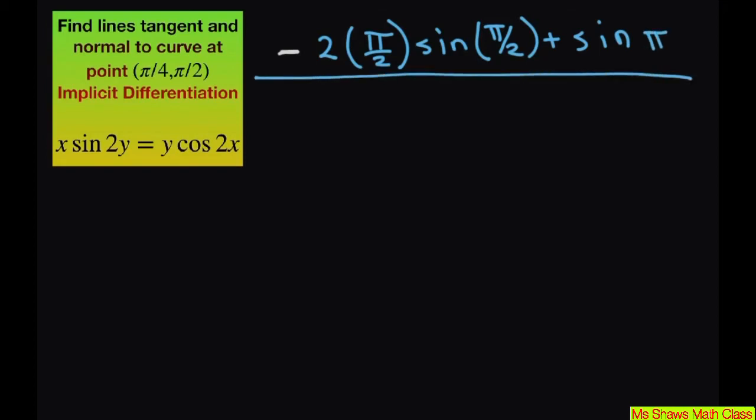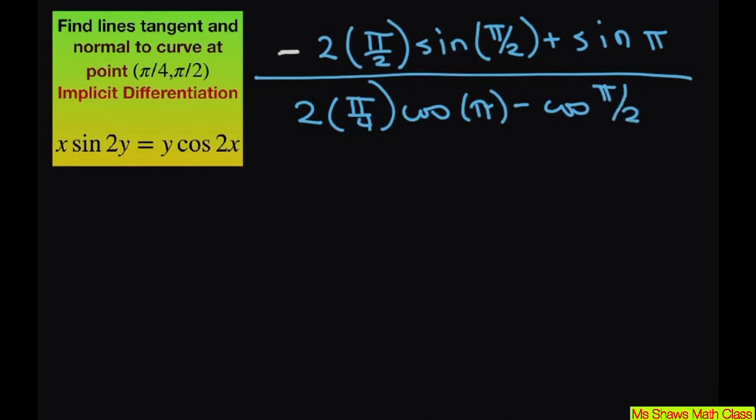All divided by 2 times pi divided by 4 times cosine of pi, because that was 2y, so 2 times pi divided by 2 is just pi. Minus cosine of pi divided by 2.